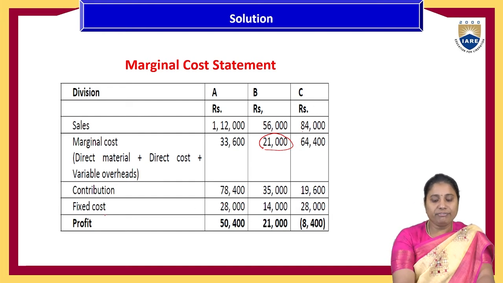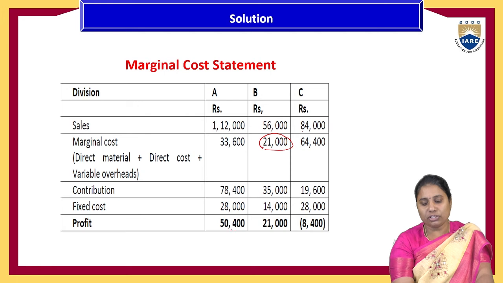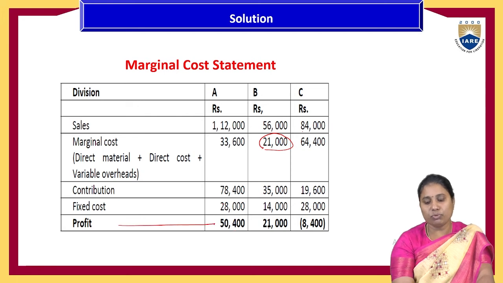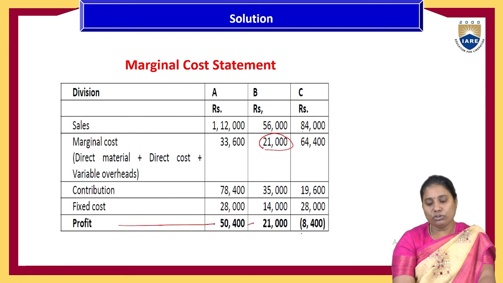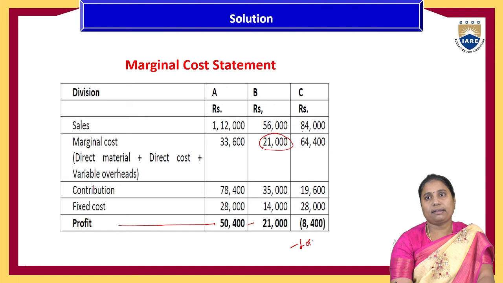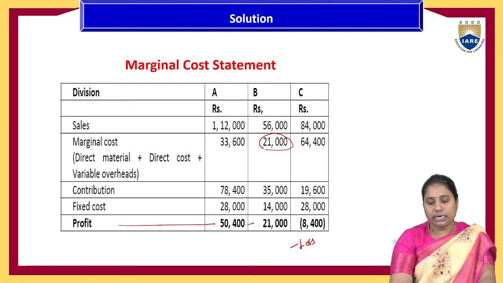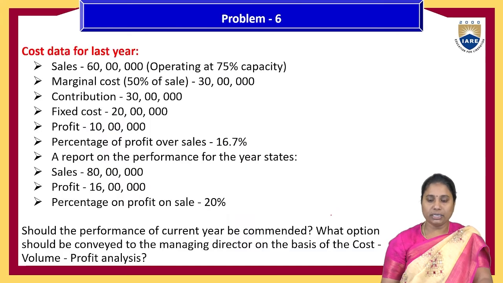If we deduct the fixed cost, the profit is 50,400 from A and 21,000 from B, and they are going to get 8,400 rupees negative from C, that is a loss, because the contribution is 19,600 only, but additional fixed cost of 28,000 is incurred.